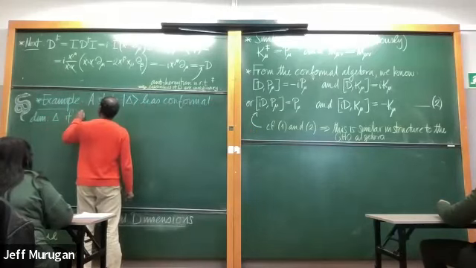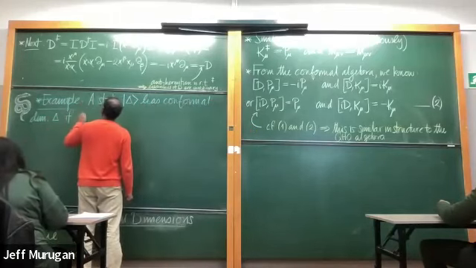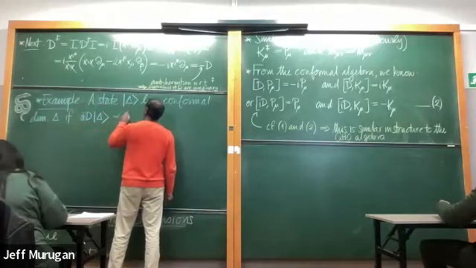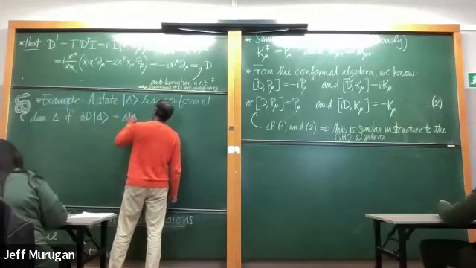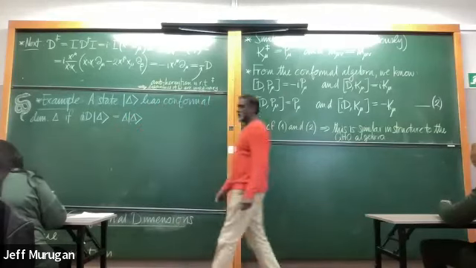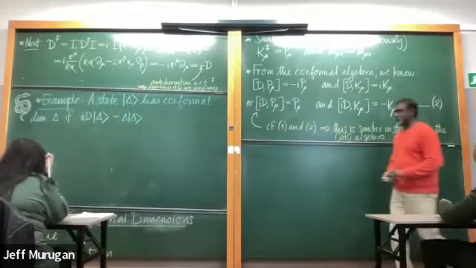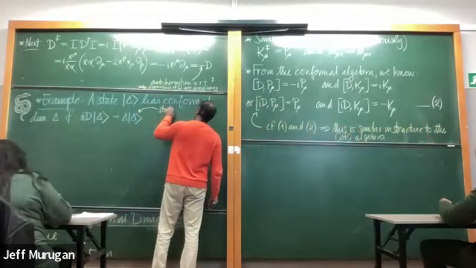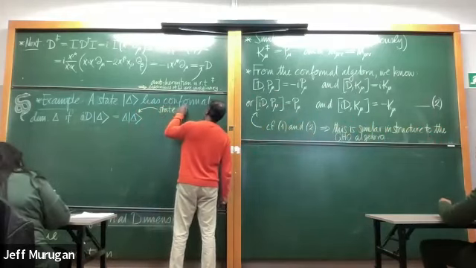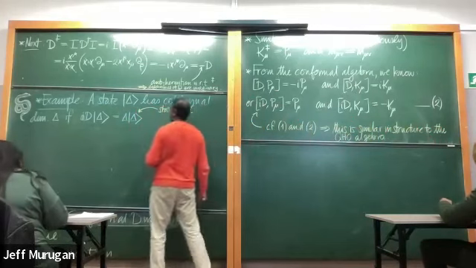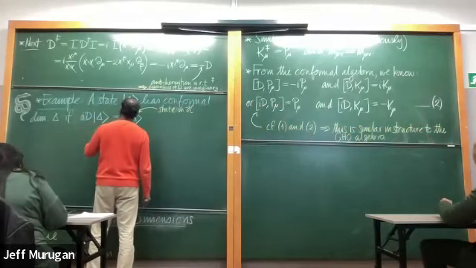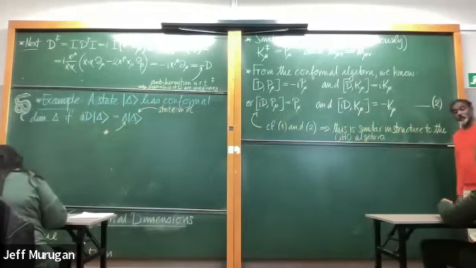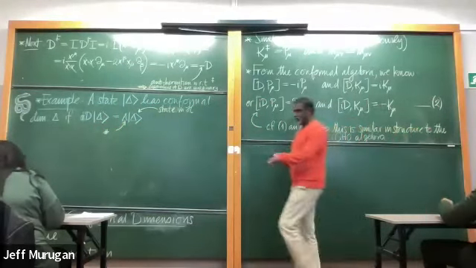Okay, so if iD acting on delta gives the number delta times the state delta. This is not a number, this is a state in the delta space, and this is a number. So that's what I mean when I say that a state has a conformal dimension delta.